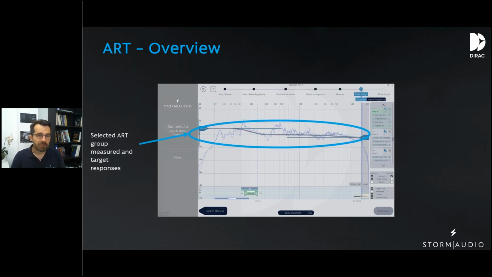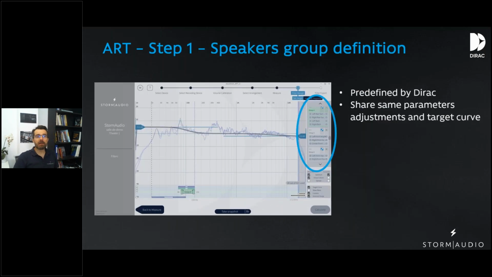And then the last item, the more traditional one, is where you see the measurements in the capture, and also where you can make the target curve adjustments. If we look now at the process that we recommend you follow, the main focus is to start with the speaker group definition.